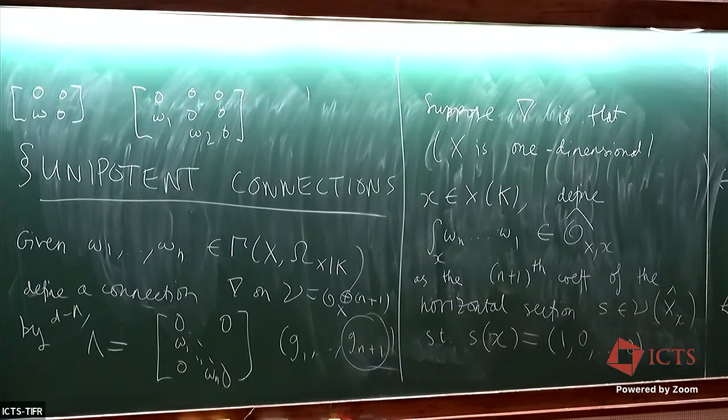The one with an x is a function. The one with a path is a number. The relationship between these two is that this function, if you think of it complex analytically, will converge in some neighborhood. If you take a contractible neighborhood and a path in it, then this number will be the same as evaluating this function.